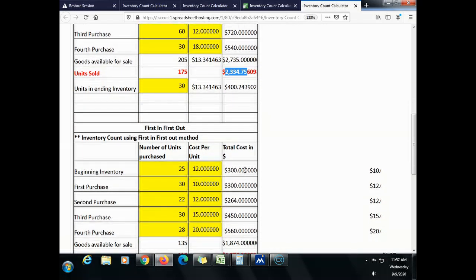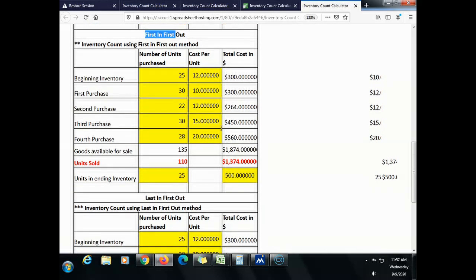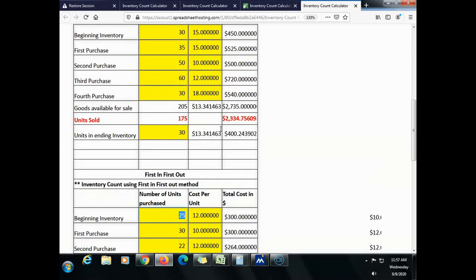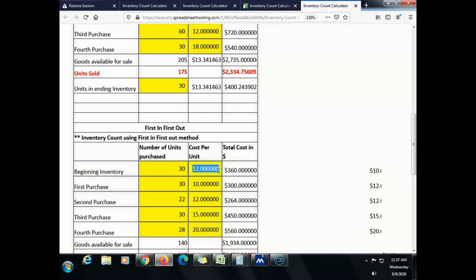Next, you have first in, first out method. Now in this method, the way inventory works, this is first come, first serve. Whatever comes in first goes out first. So let's say beginning inventory is 30 units at $15 a unit.